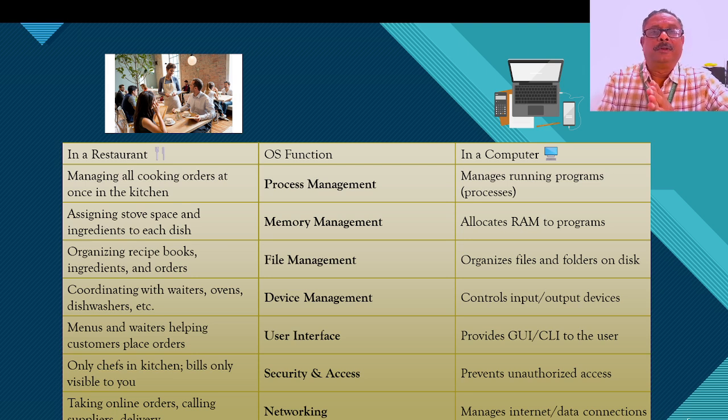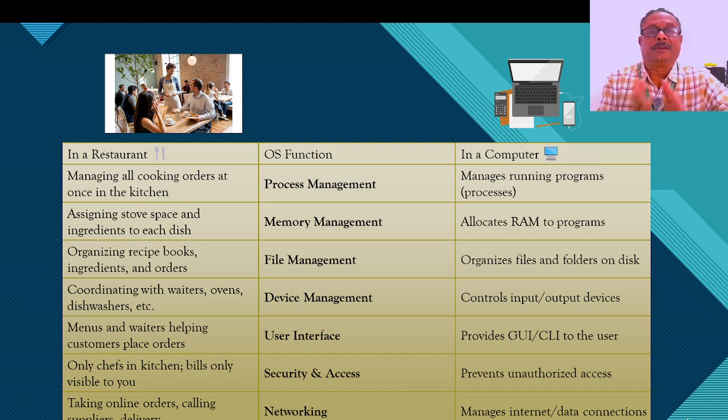Without a menu and without discussion with the waiter, it becomes impossible for any customer to give an order. So we need a well documented menu, and there should be proper guidance from the waiter. Only then will the whole restaurant system work smoothly and the customer be satisfied.